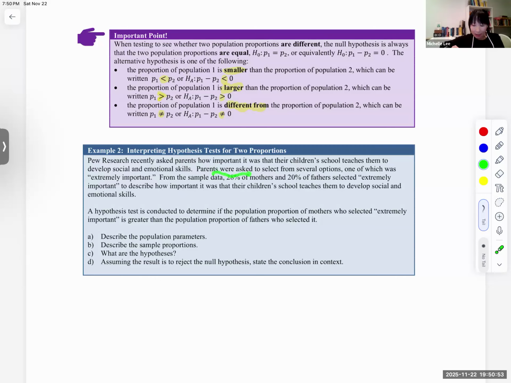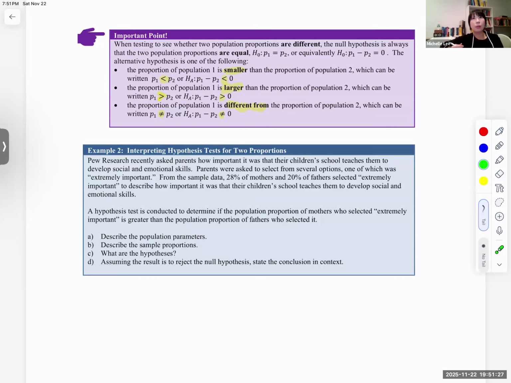Parents were asked to select from several options, one of which was extremely important. From sample data, 28% of mothers and 20% of fathers selected extremely important. Okay, so number one, describe the population parameters.